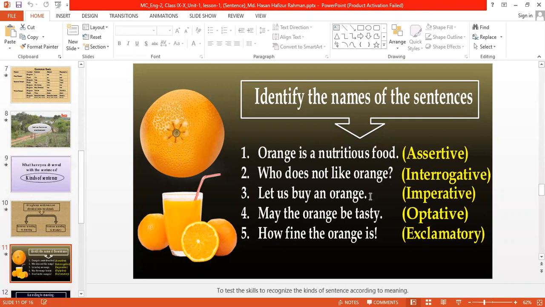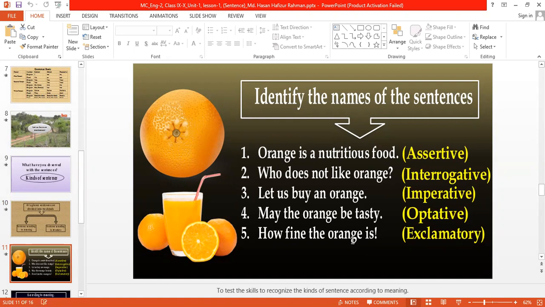Imperative sentence. May the orange be tasty. Optative sentence. How fine the orange is. Exclamatory sentence. This is very emotional or surprised.